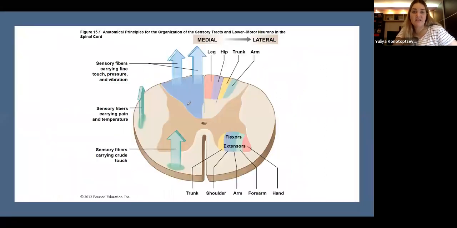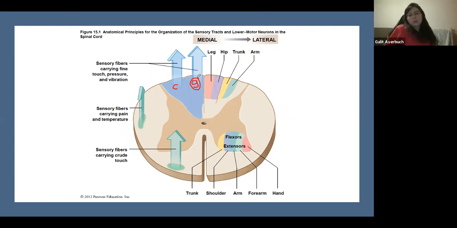So you remember we have said that we have the gracilis and we have the cuneatus, the two sensory tracts, right? Gracilis carries information from where? From upper limb or from lower limb? Lower limb. Yes, because it is located medially.